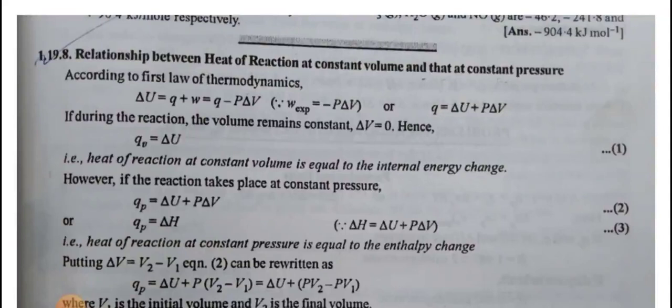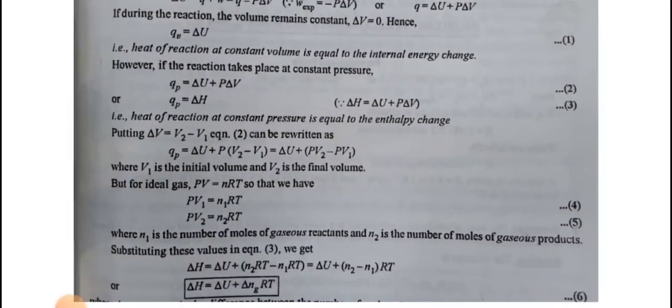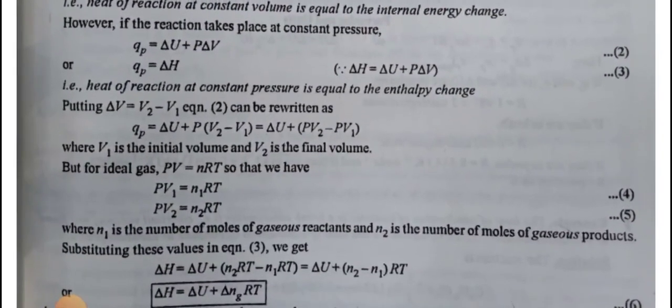Putting delta V is equal to V2 minus V1, equation 2 can be written as Qp is equal to delta U plus P bracket V2 minus V1, that is, delta H is equal to delta U plus PV2 minus PV1, where V1 is the initial volume and V2 is the final volume. But for an ideal gas, PV is equal to nRT. So that we have PV1 is equal to n1 RT, PV2 is equal to n2 RT, where n1 is the number of moles of gaseous reactants and n2 is the number of moles of gaseous products.